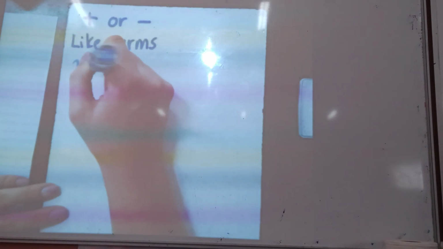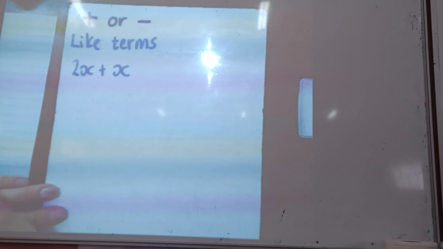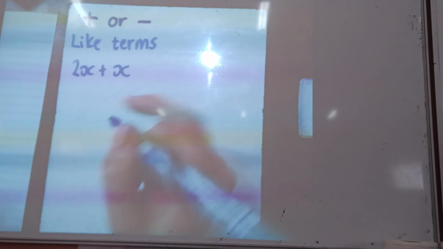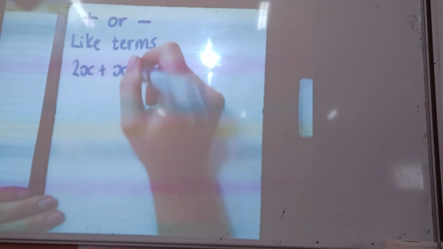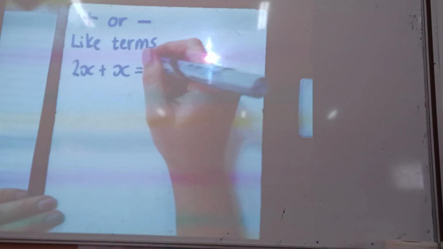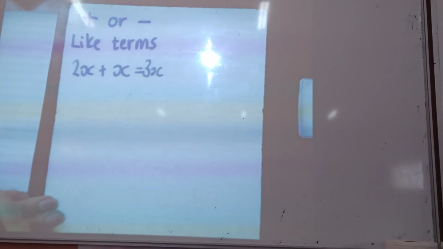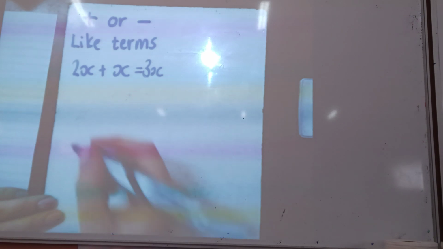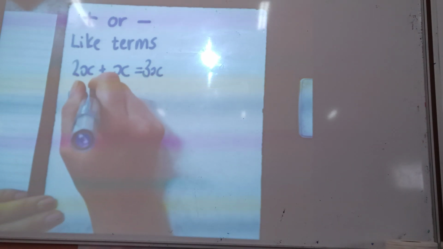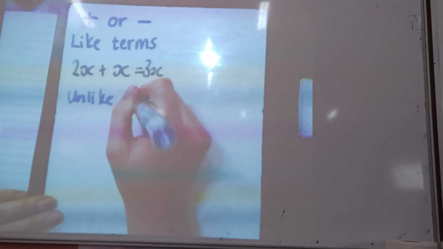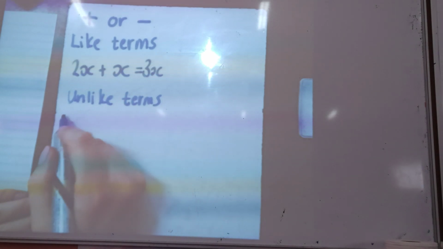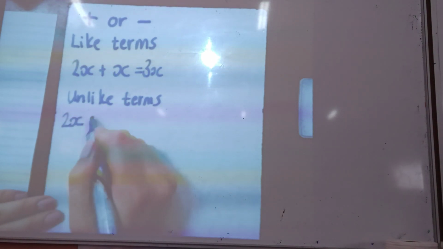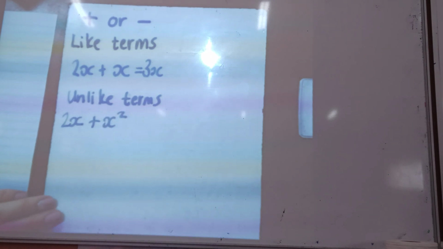Like terms are as follows. 2x plus x. These are like terms. Who can remember what this answer is? 3x. Very good. What are unlike terms? If I said to you 2x plus x squared, can I do anything with that?